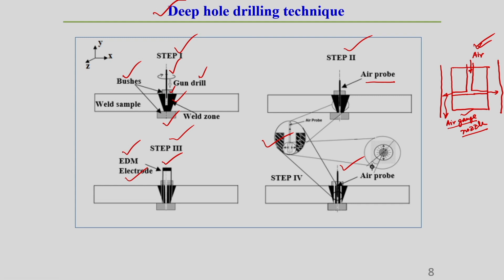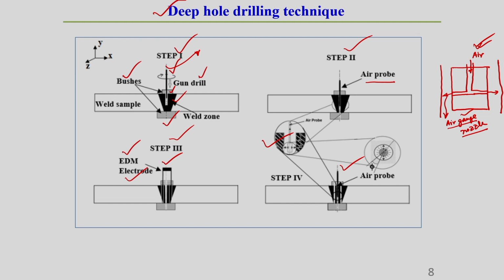So, in step 3, a cylindrical volume, taking the reference hole as its axis, is coaxially trepanned out of the component using electro discharge machining, that means EDM operation.